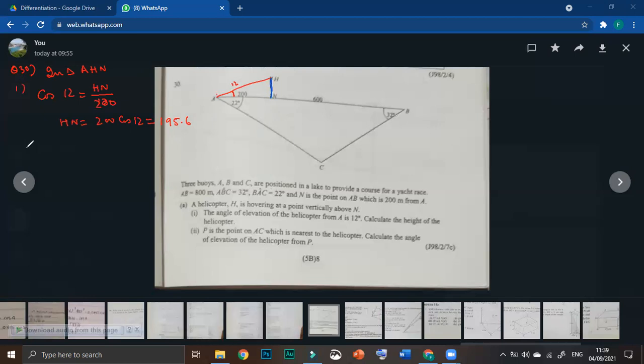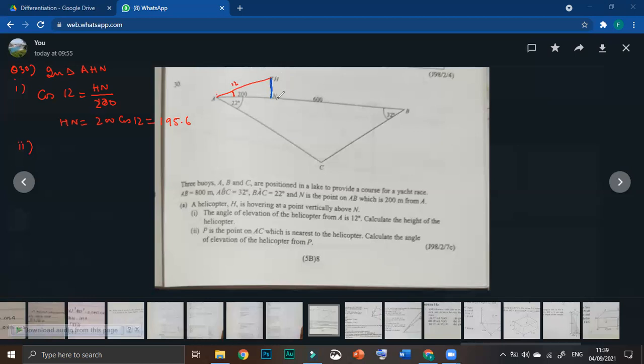Now part number 2. In part number 2, P is a point on AC, which is nearest to the helicopter. Yes. Now, what is the base of the helicopter?